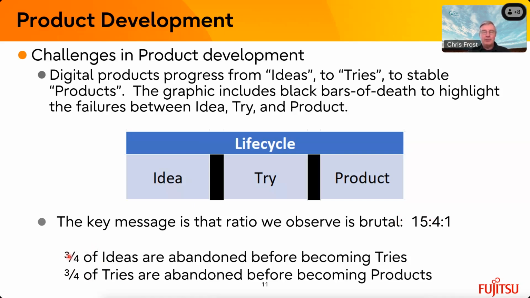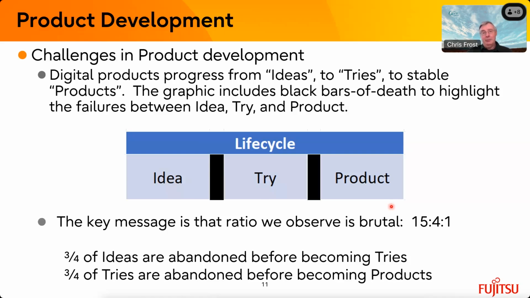And then of those tries, about another 3/4 of those are abandoned before becoming products. So that's the black bars of death, as we've been calling it, moving from that stage of idea to try to product.